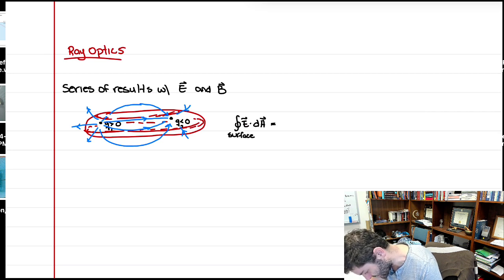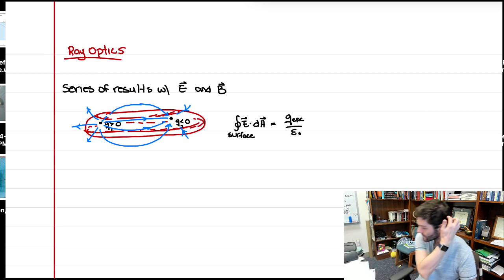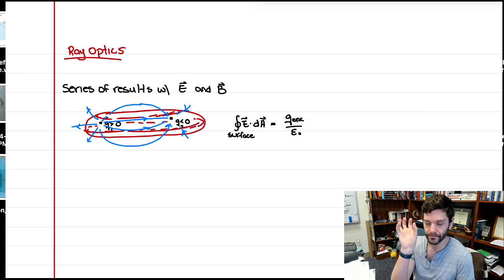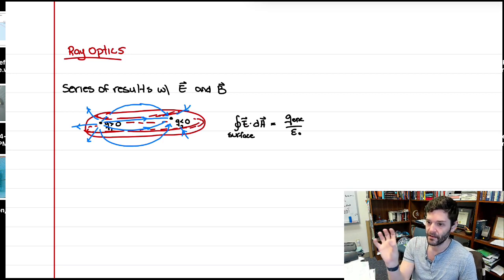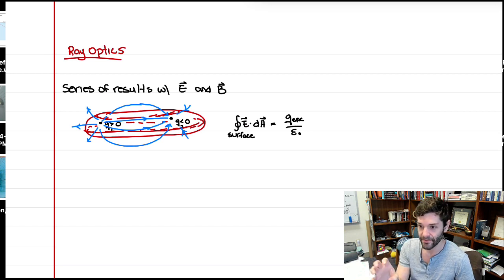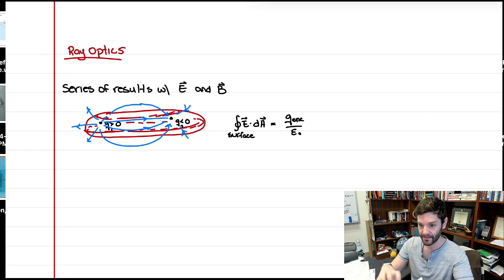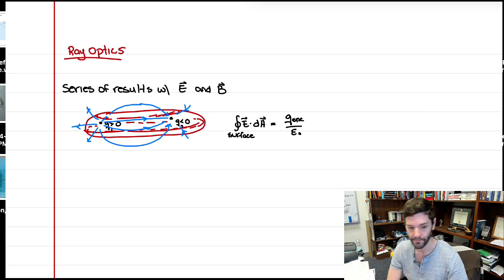That then is equal to the charge enclosed divided by epsilon naught. There is a relationship between the flux, the electric flux going through any arbitrary surface, and how much charge is within that surface. And we saw that by thinking about field lines leaving and re-entering the surface.